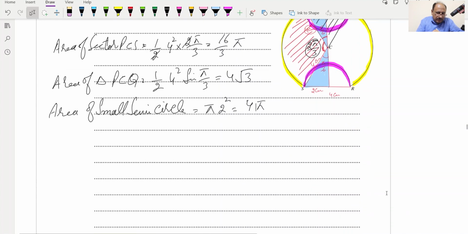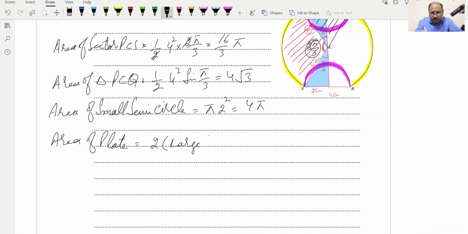And now we can write the area of the plate. So area of plate will be equal to, we'll be multiplying 2 into large sectors, plus 2 into triangle area, and minus 2 into small semicircle.